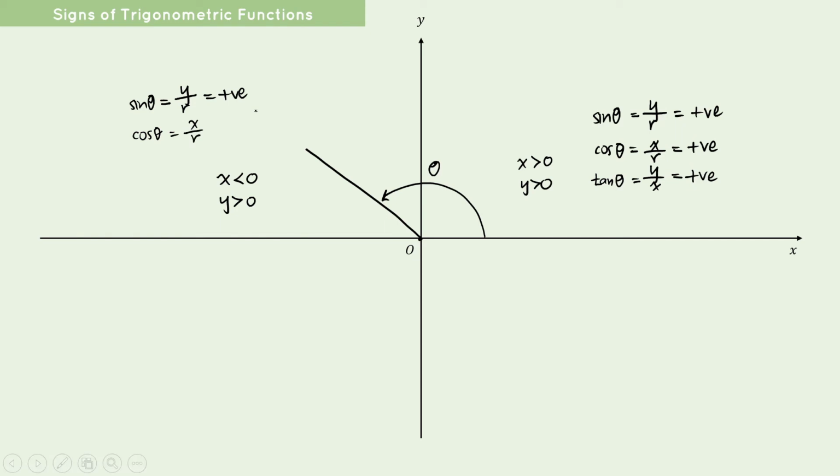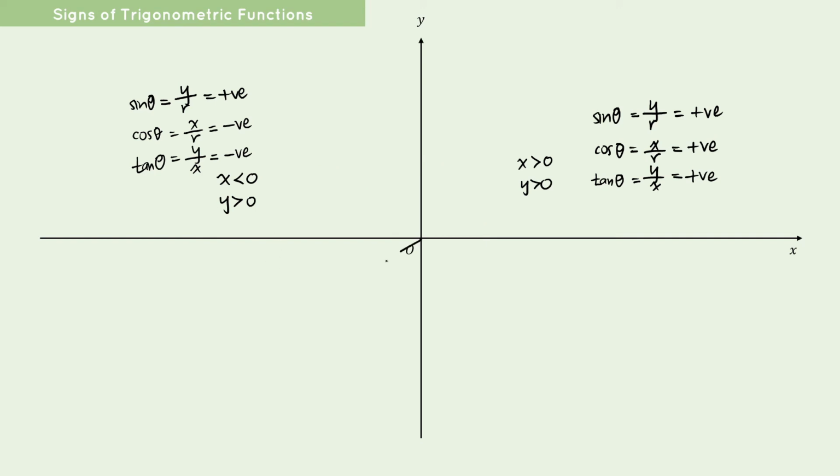You're taking a negative number divided by a positive number, so this is negative. Tangent theta is y over x. You're taking a positive number divided by a negative number, so it's negative. So in the second quadrant, only sine theta is positive. Cosine and tangent are negative.